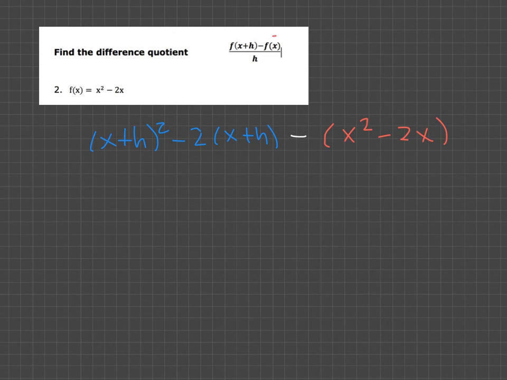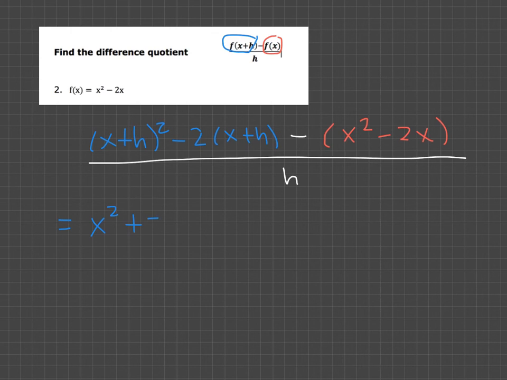Okay, so the f of x was in what I have in red. The f of x plus h is what I have in blue there. And then that is all over h. So here we need to multiply out. So x plus h squared, all right, we got to FOIL that. So that's going to end up being x squared plus 2hx plus h squared.